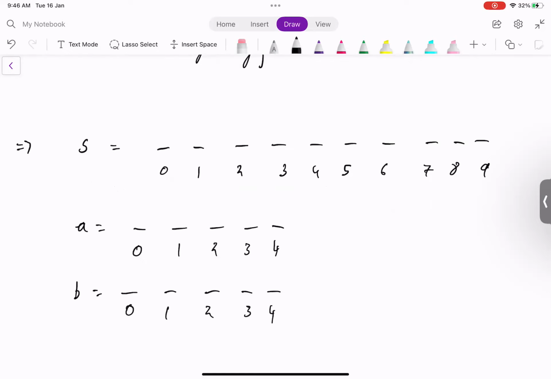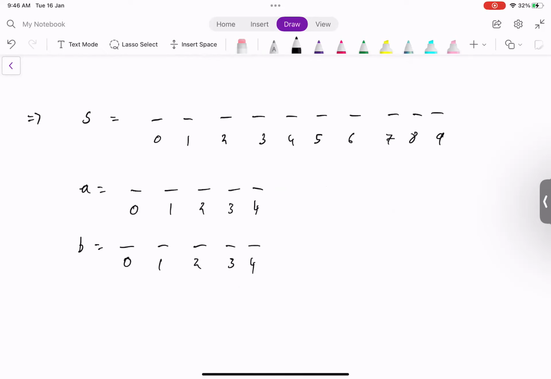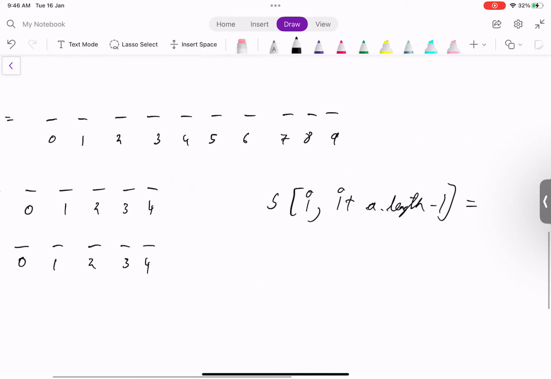So here, as per our conditions, the first condition for i to be beautiful is that the substring of S from i till i plus A.length minus 1 should be equal to A. Yes, this is the first condition.